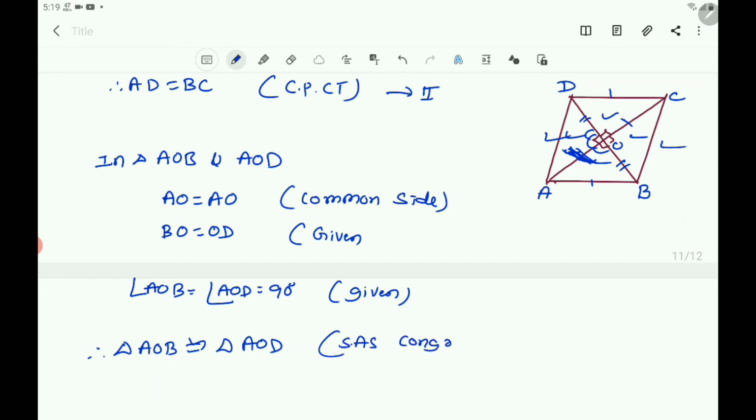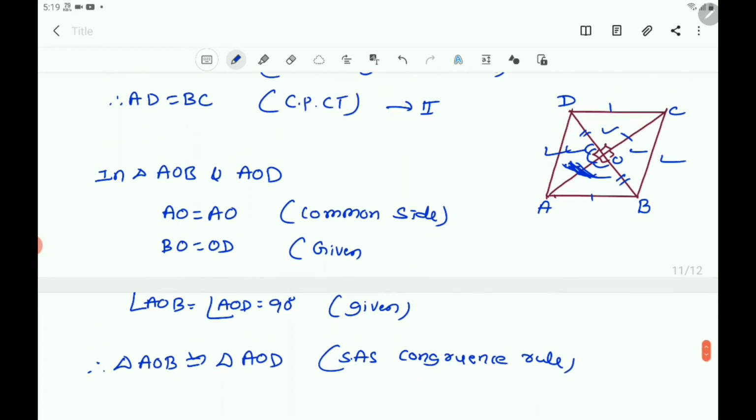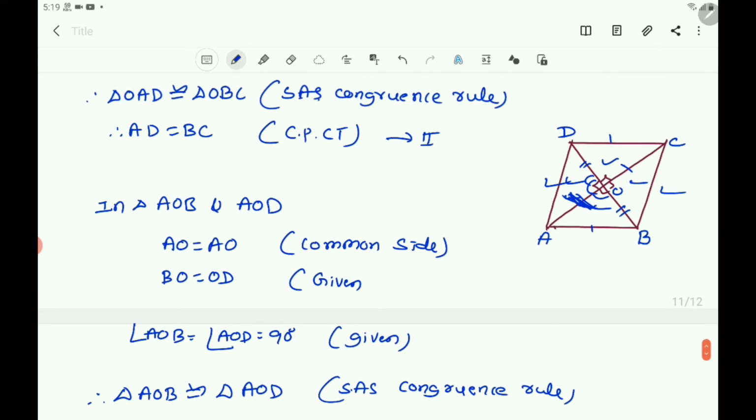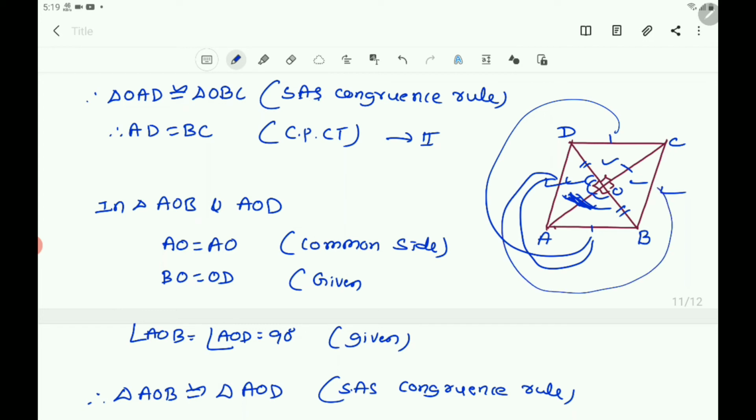Therefore AB equals AD. That is the third one. So you know that AB equals DC, which you proved, and AB equals AD proved, and this AD is also equal to BC. So from first, second and third, all the four sides are equal.